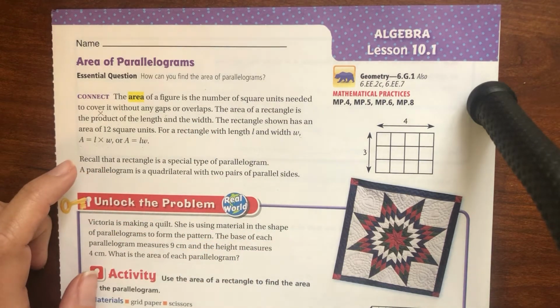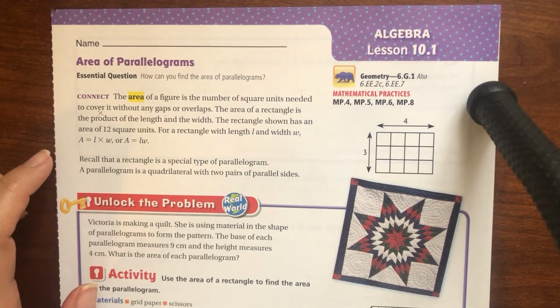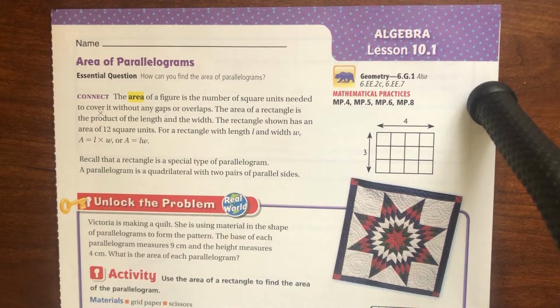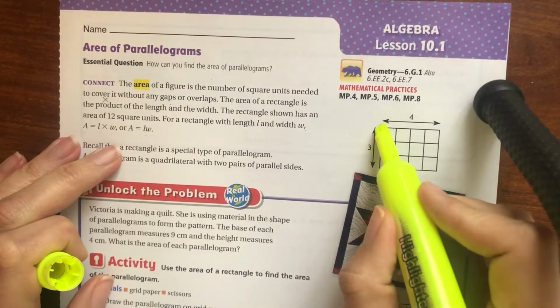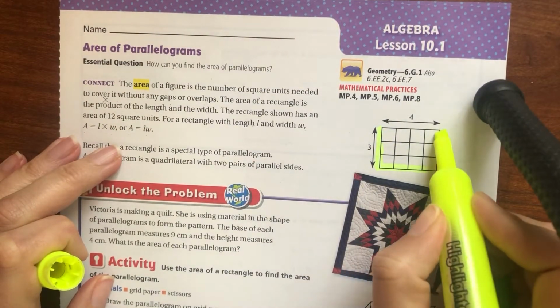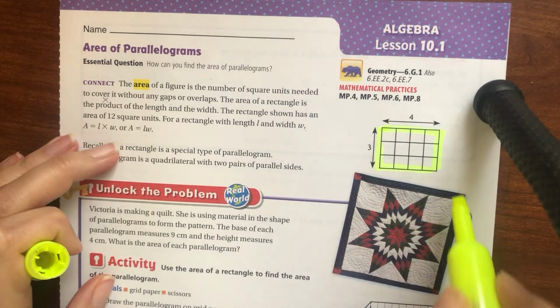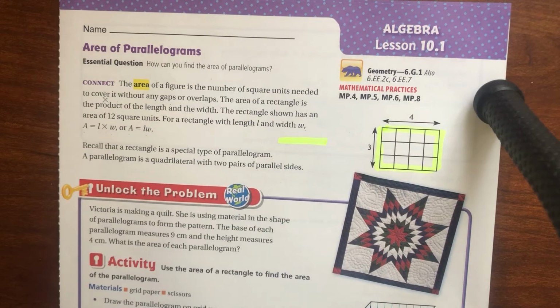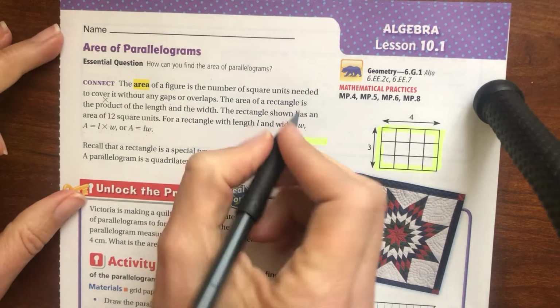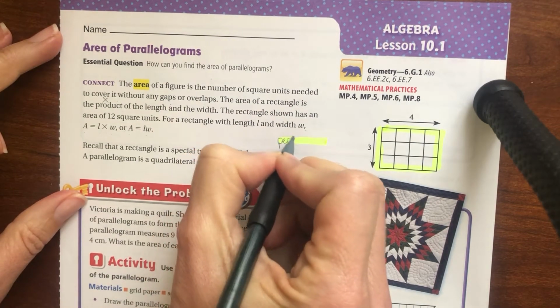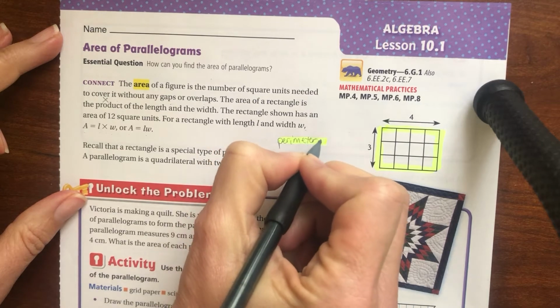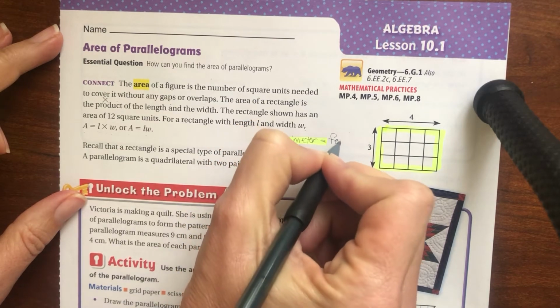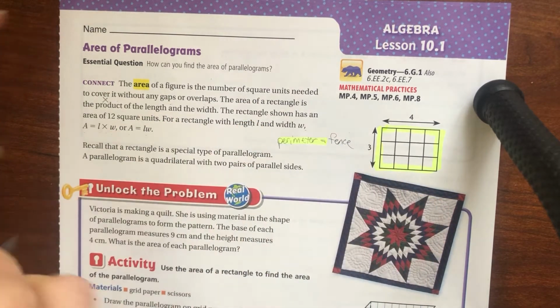So perimeter, I think of it as a fence and a lawn. That's how I remember. Perimeter is the fence line. It's the outside edge. So perimeter is like a fence around a yard. Perimeter equals the fence around your yard.